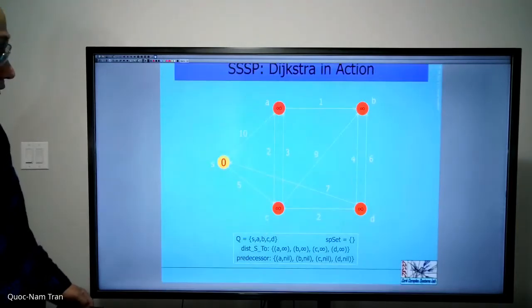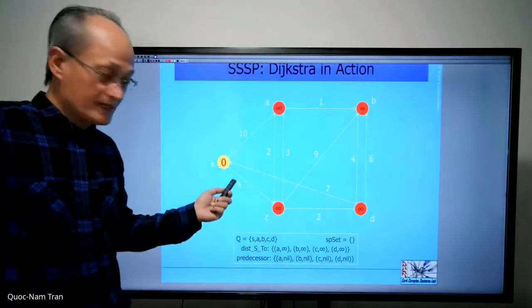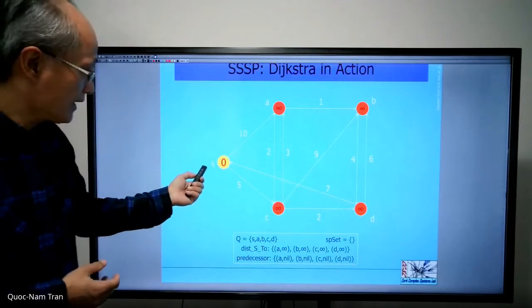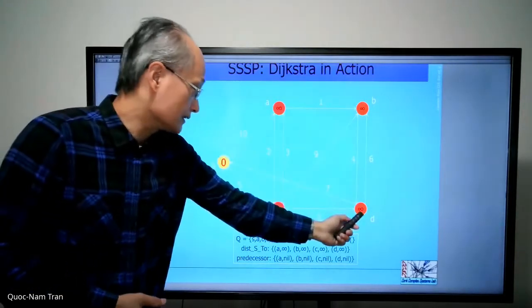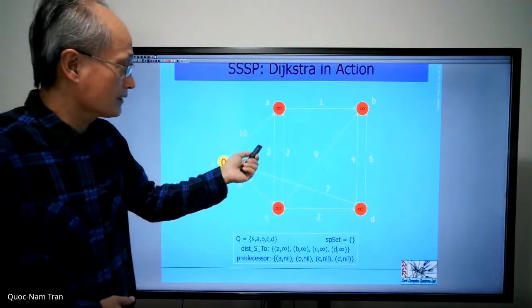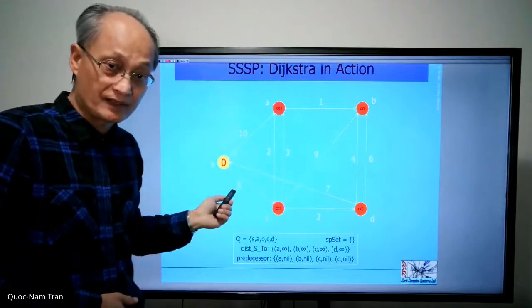So, we set the starting point. Here we have the nodes S, A, B, say C, D, and then we have the weight of every edge.